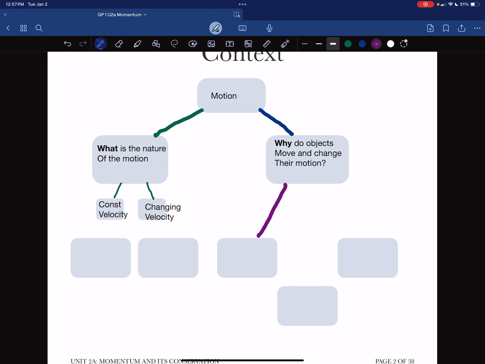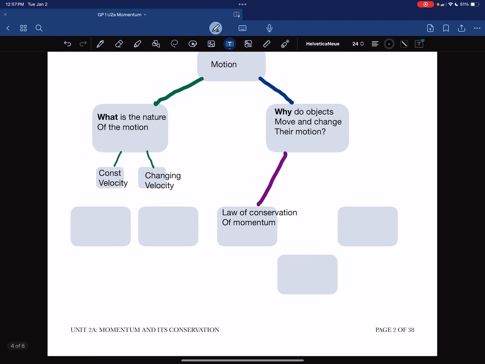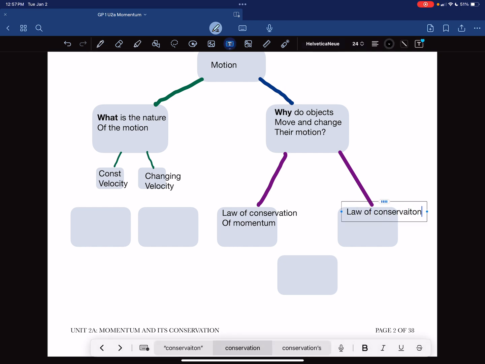The first of these laws, and it may be the most important of all, is the law of conservation of momentum. The second of these laws you've probably all heard of before, and that is the law of conservation of energy.